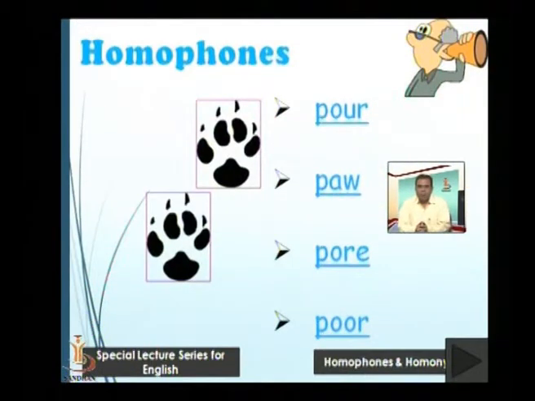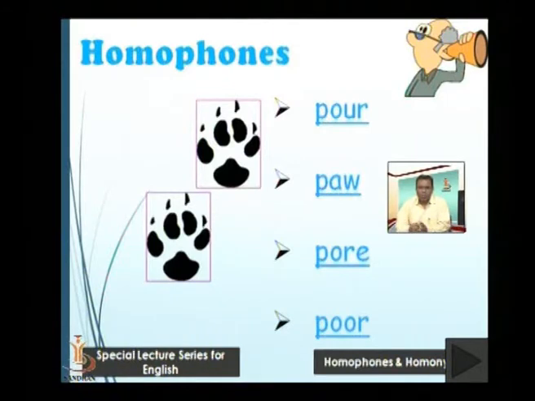Pour, paw, pore, and poor. Pour means pouring something liquid, some liquid which is in a bottle and you are pouring. I poured water from the bottle into a glass. That is pour. Paw is the part of the leg, the part of the foot where nails are there in animals.